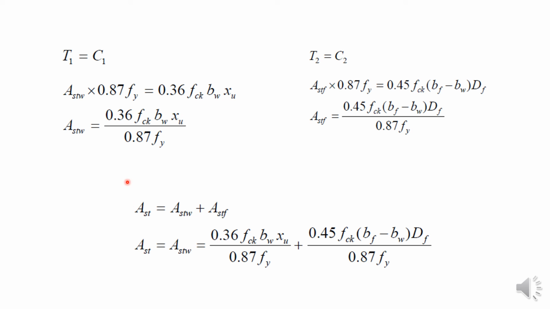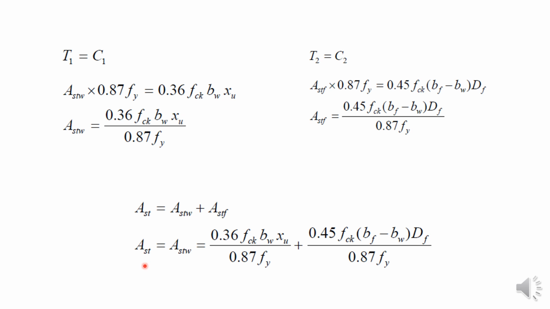So the total area of steel in the T-beam will be equal to ASTW plus ASTF. So you have to write AST is equal to ASTW plus ASTF, adding these two values: 0.36 FCK BW into XU divided by 0.87 Fy, plus 0.45 into FCK into BF minus BW into DF divided by 0.87 Fy.